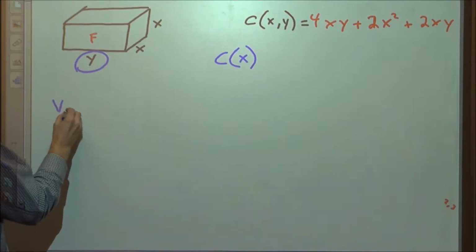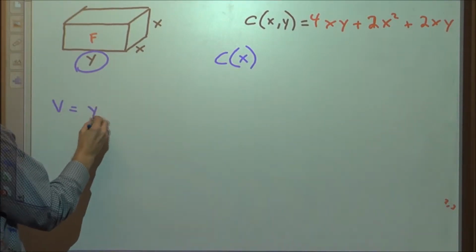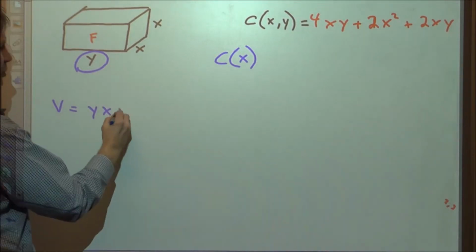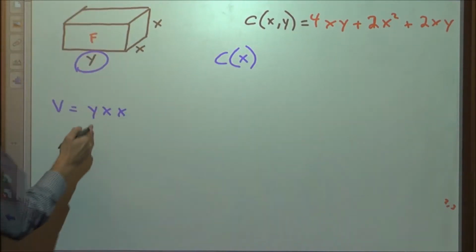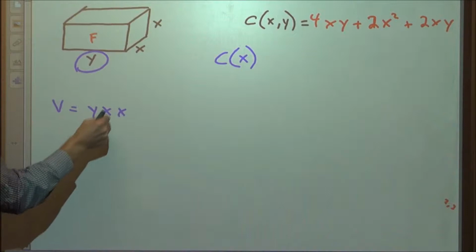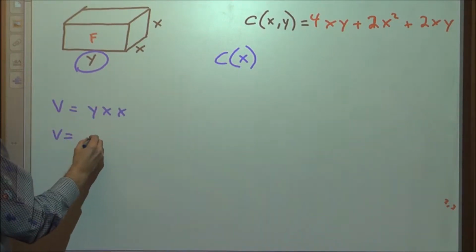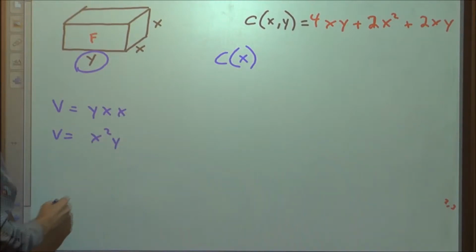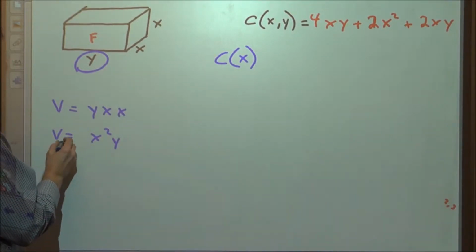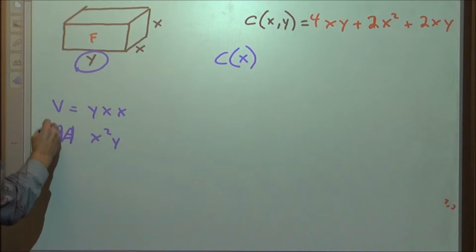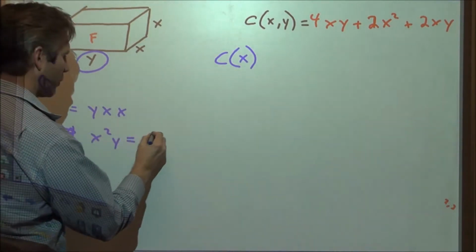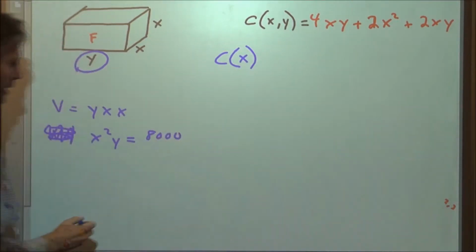We know how to get the volume of the box. It's the 3 dimensions, base, height, depth, whatever you call it, but it's y times x times x. So our volume as a function of x and y is going to be x squared y. And we know that that volume is going to be 8,000 cubic feet.